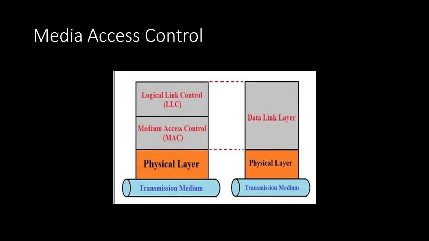When receiving signal from the physical layer, the media access control is in charge of converting that physical signal, whether it be electrical current, optical light, or wireless radio frequencies, into bits, and arranging those bits into frames for the logical link control. It must also do this in reverse. When transmitting data, the media access control receives a frame from the logical link control and is in charge of converting that frame into a physical signal.